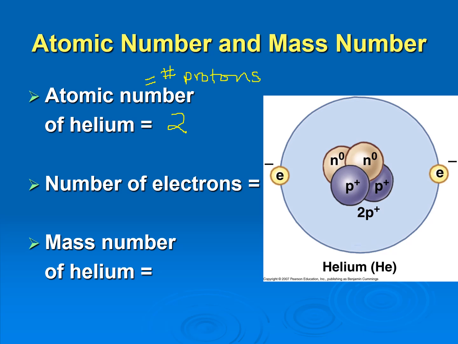If we want to know the number of electrons, remember that the number of electrons is equal to the number of protons, as long as you don't have an ion or some other charged atom. This one doesn't have a charge, so if we have 2 protons, we should have 2 electrons, which we do.